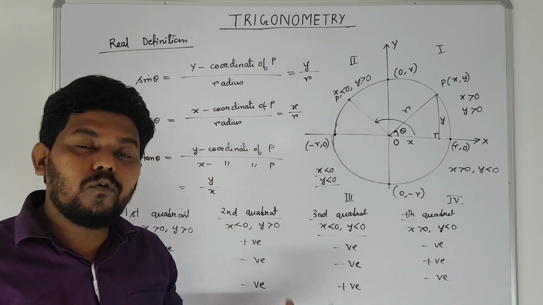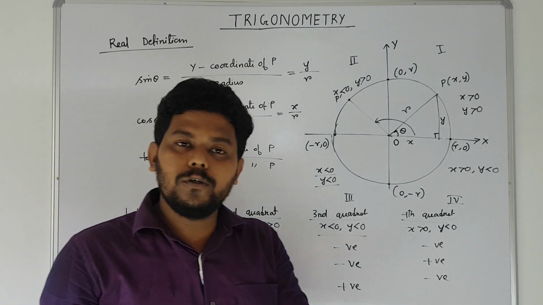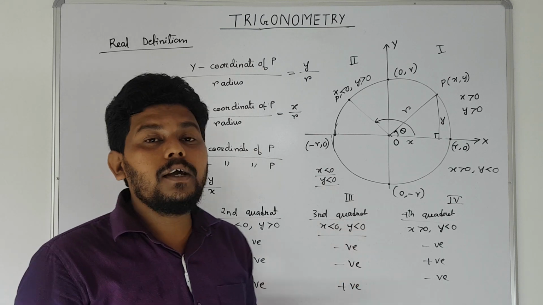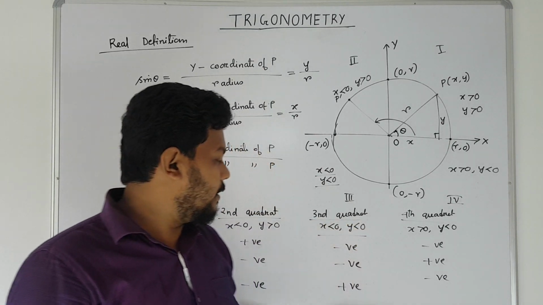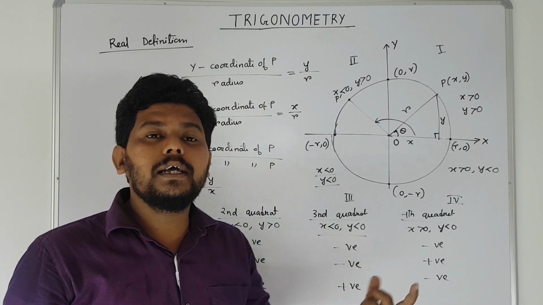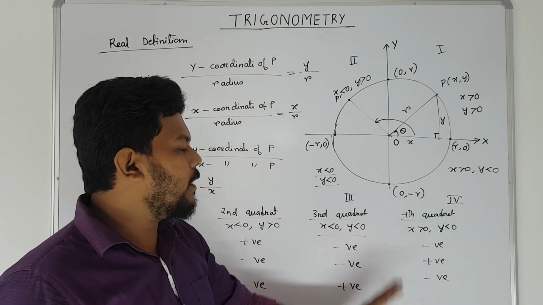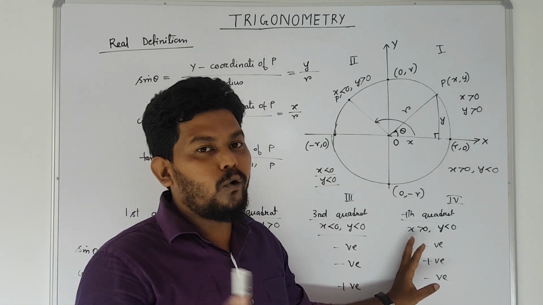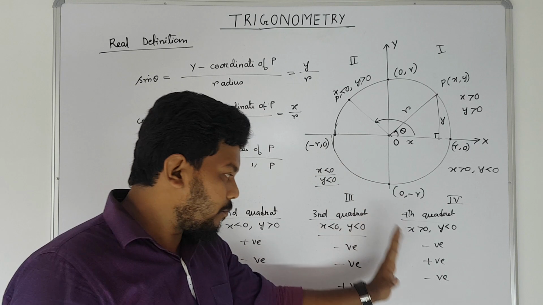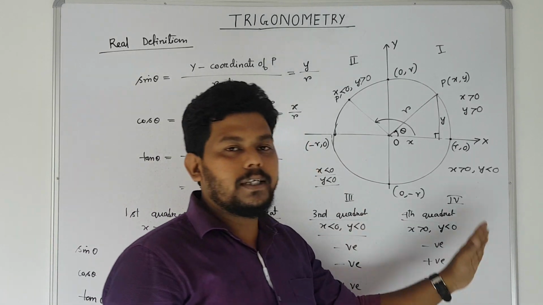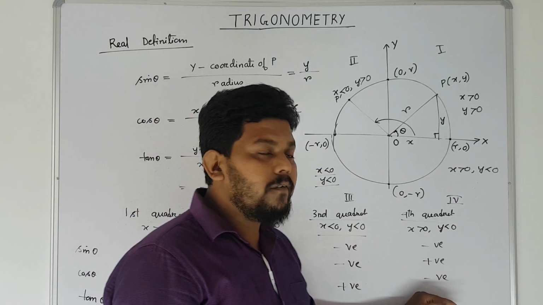That's why for tan positive we can say cot positive. Since sine negative we can say cosec negative, and since cos negative, that's why sec negative. And in fourth quadrant your sine is negative, that means cosec negative. Cos positive, that's why sec positive, and tan negative, that's why cot negative.